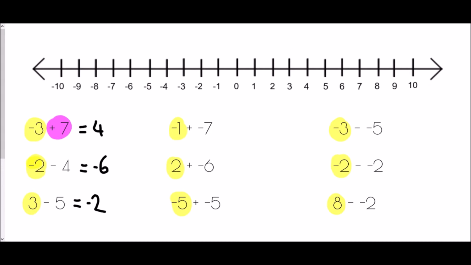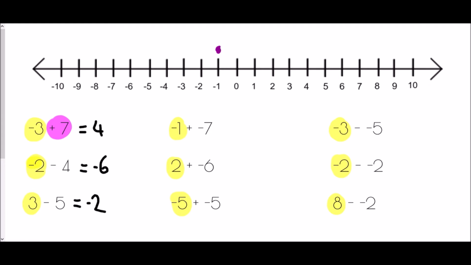In the next section, we've got -1 plus -7. So this is an interesting one. We are adding a negative value. Now the whole purpose of a negative is to basically create an opposite, a reverse. And so we are still beginning at the number that's at the start.